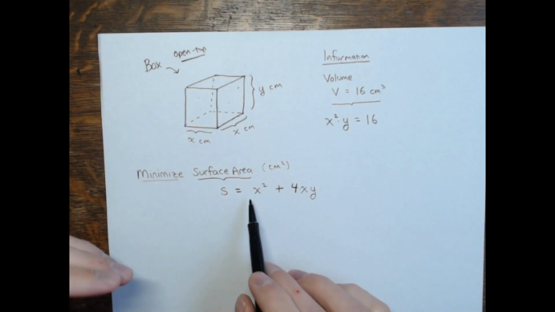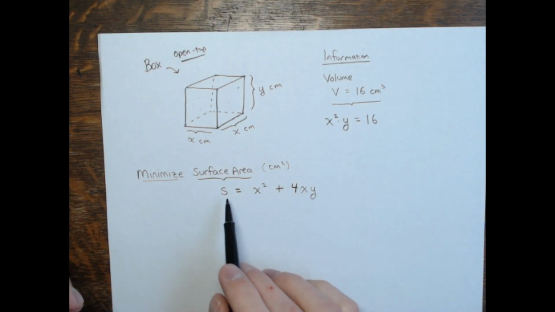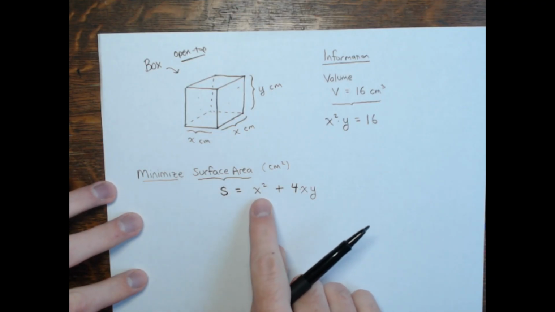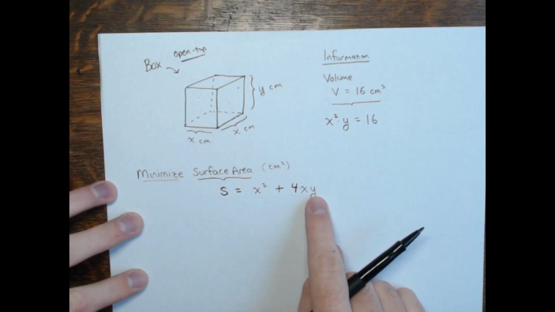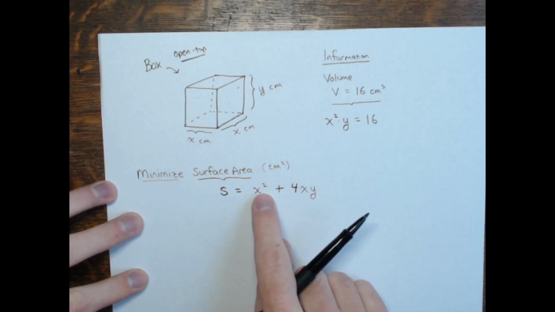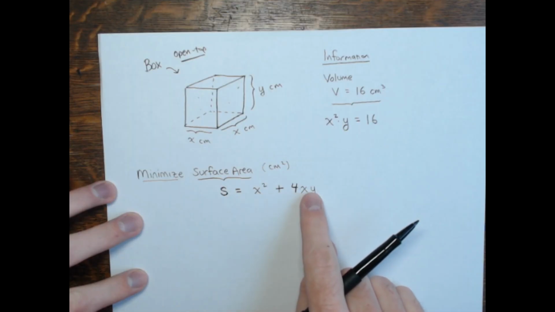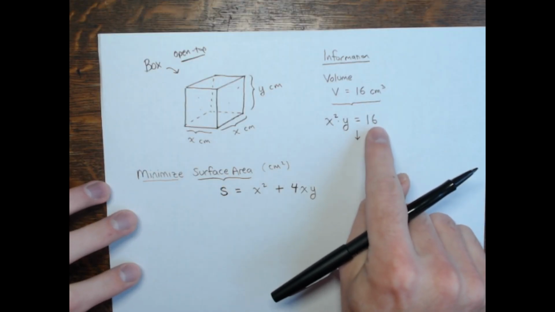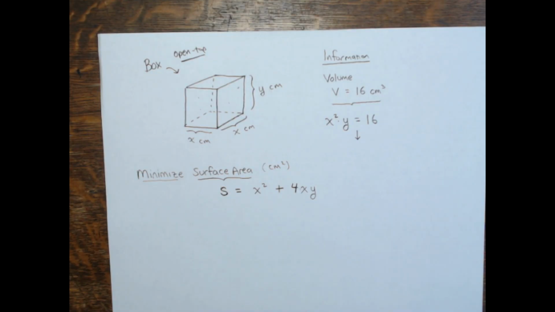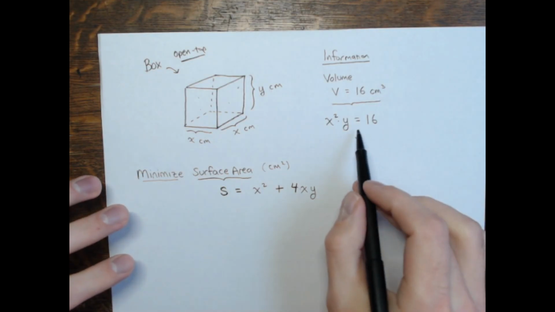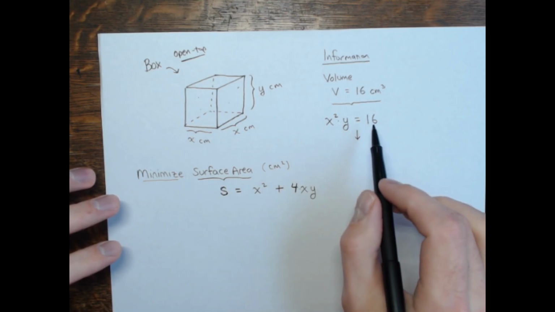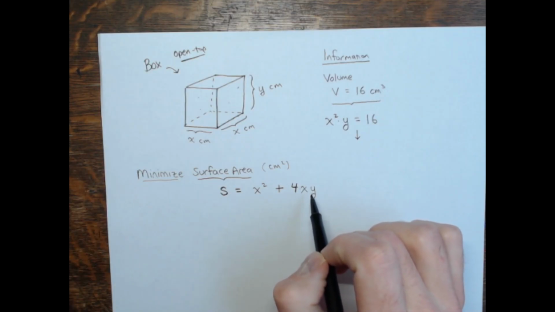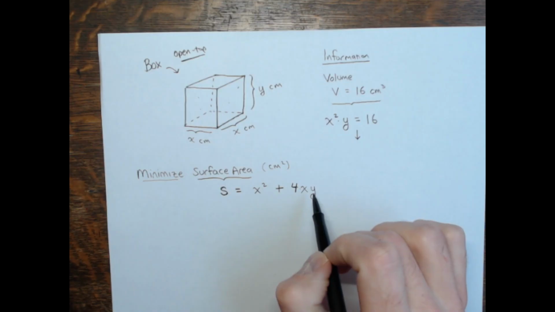All right, and like the first problem, now that I've written a formula for my surface area, it is a function of two variables. There's x's and y's in this. So I'm going to use this information we had from earlier. They told us the volume had to be 16. I'm going to solve this for one of the variables and substitute, and turn this into a function of a single variable.